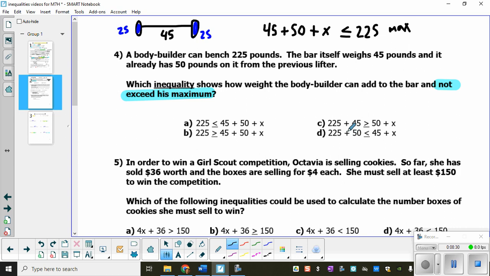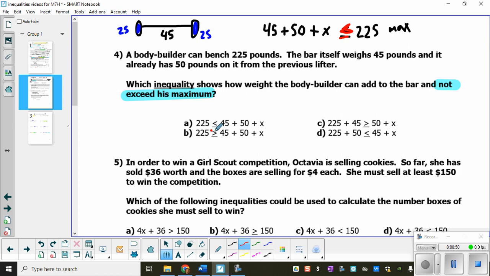Now the way the answer choices are written, let's take a look here. See how all of the stuff is on this side? And then here, same thing, all the stuff's here. So let's just see which one has the alligator eating the right side, which sounds funny. But the alligator symbol eats the 225.